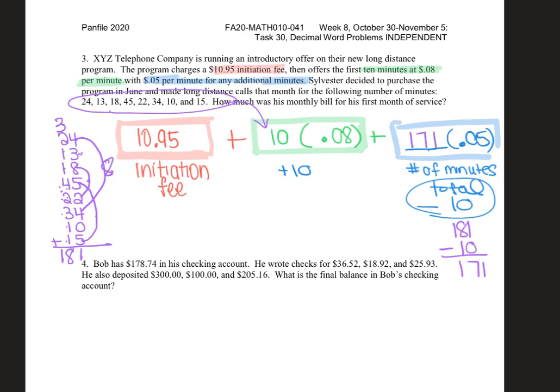So now we have a little bit of work to do. We have to do the multiplication for both of these pieces. So we have to do 10 times 0.08. And when we do that, remember, we need to figure out how many places to the right of the decimal, which is 2, okay? And we get 0, 8, placeholder, 0, 0.